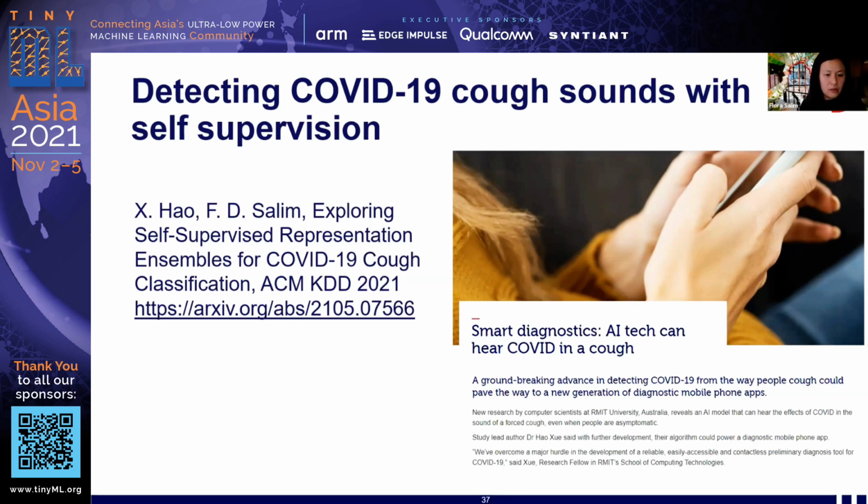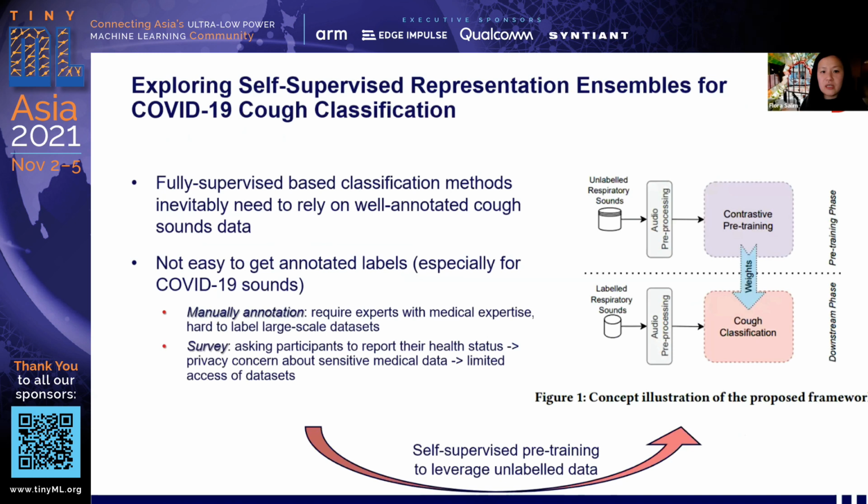So the whole idea here is, can we use unlabeled respiratory sounds collected on mobile and perform contrastive pre-training there? We train them once in a contrastive manner without labels. Then can we use the downstream phase with, for example, another data set collected by another organization, and classify whether this is COVID related or not?